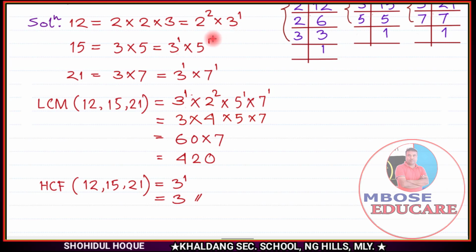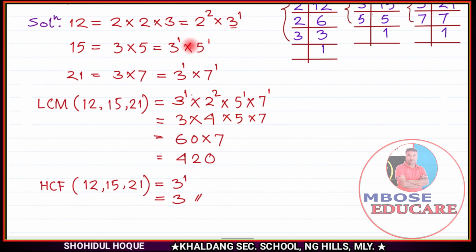Actually, you see, the prime factorization of 12 is 2 to the power 2 and 3 to the power 1. The prime factorization of 15 is 3 to the power 1 and 5 to the power 1. And the prime factorization of 21 is 3 to the power 1 and 7 to the power 1. Now we have to check which factor is common in all. That is 3.